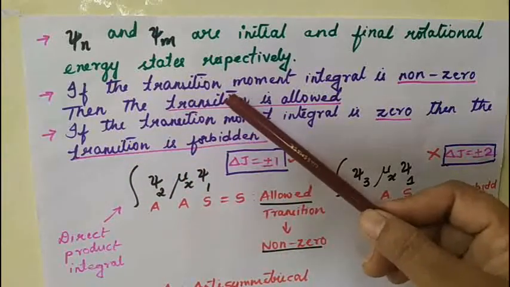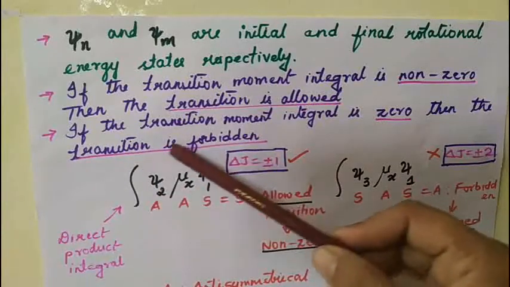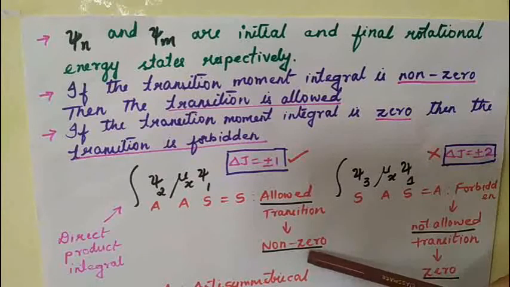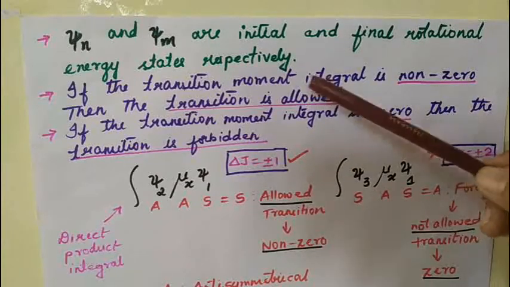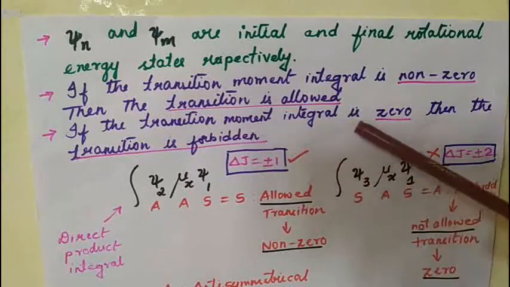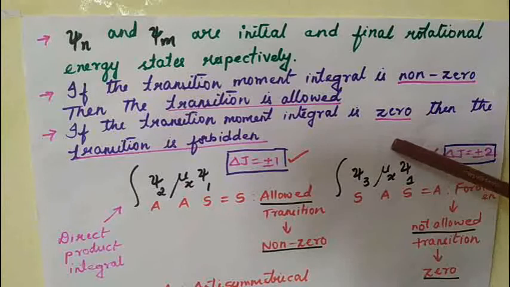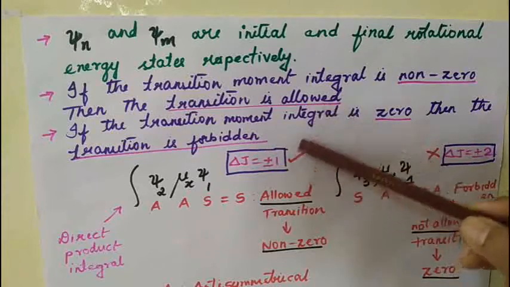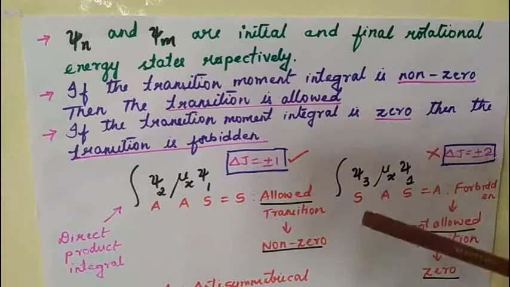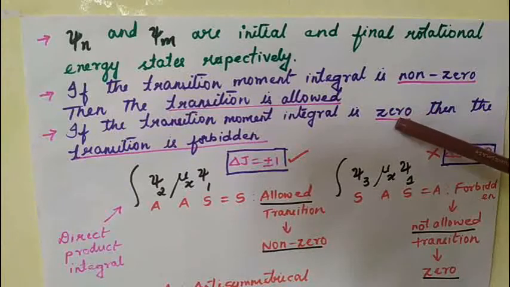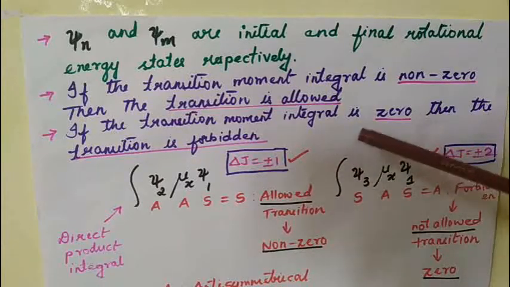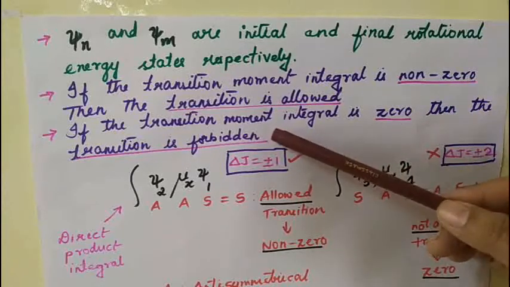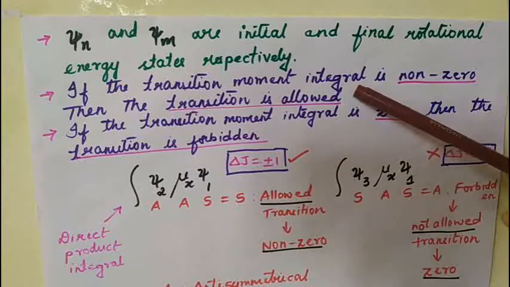This integral is also known as the transition moment integral or the direct product integral. If it is non-zero, then we say the transition is allowed. If the transition moment integral is 0, then we say the transition is forbidden. Just as molecules with mu equal to 0 will not exhibit any microwave absorption, and molecules possessing a permanent dipole moment will exhibit microwave absorption, the same concept is taken over here.